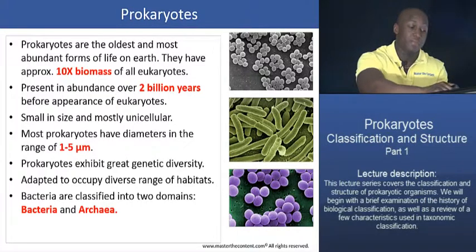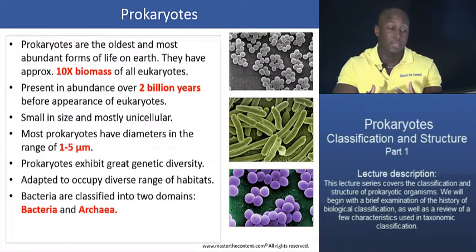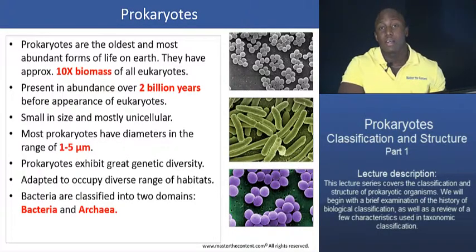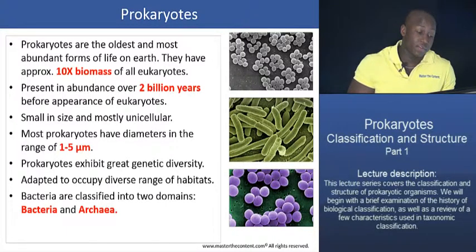Now, prokaryotes happen to be the oldest, simplest and most abundant forms of life on Earth. They have approximately 10 times the biomass of all eukaryotes on this planet. They've been present through most of evolutionary history, believed to have been there over 2 billion years before eukaryotes appeared.